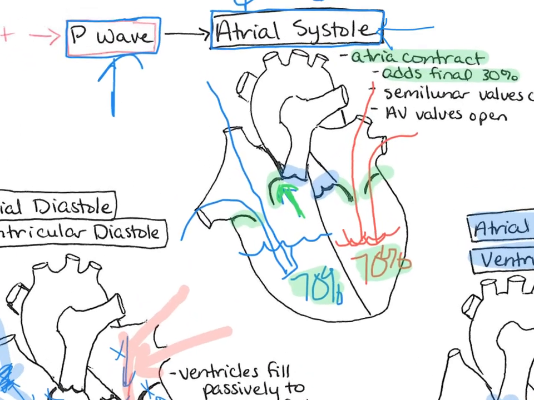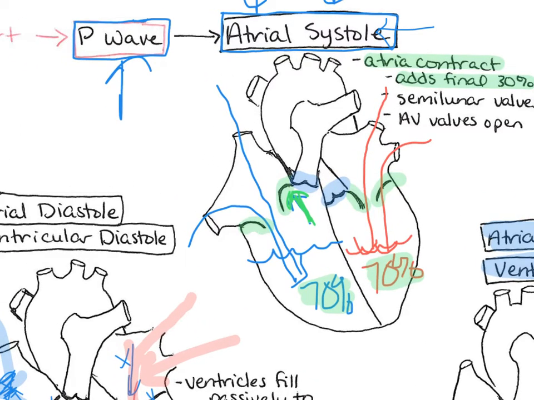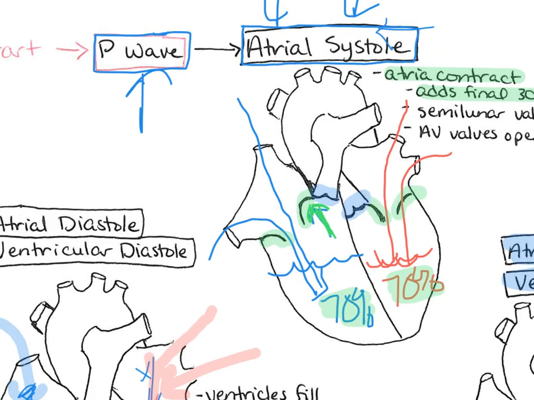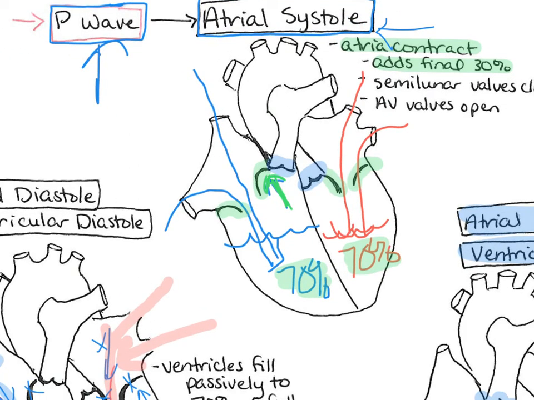Now we go back here and we start, and the ventricles get filled up about 70% of the way, and then the atria are going to contract again, and that's atrial systole, and it's just going to keep going around and around and around, right? Both atria are going to contract at the same time, and both ventricles are going to contract at the same time, but the blood movement is going to be in a circuit.